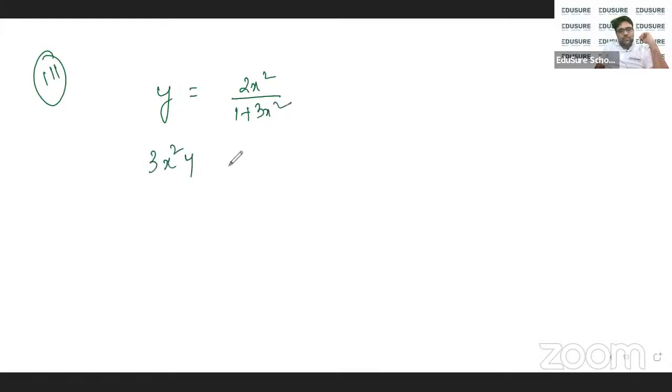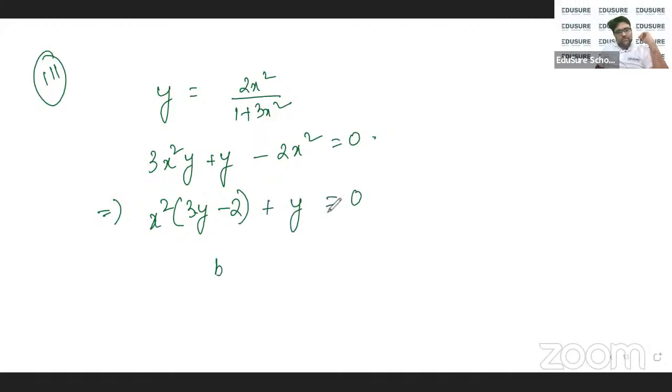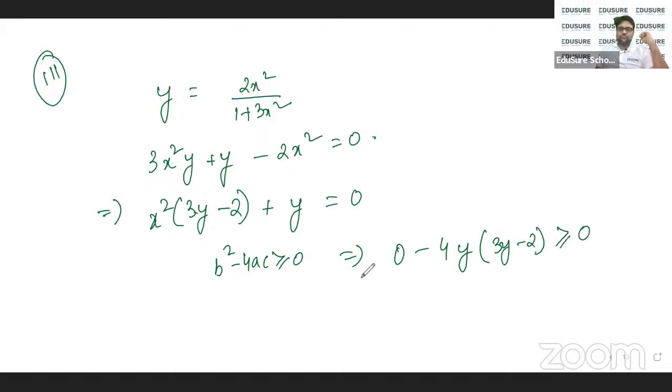Last but not the least, quadratic approach. Three x square y plus y minus 2x square is equal to 0. X square common, 3y minus 2, plus y. B square minus 4ac greater than or equal to 0. There is no b here. Minus 4 into c into 3y minus 2 greater than or equal to 0. 4 cancels out.